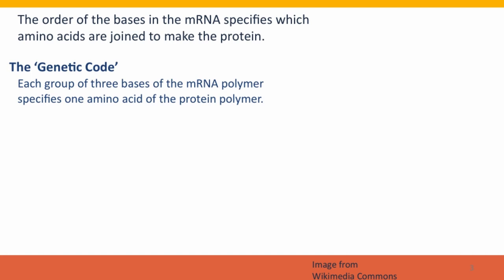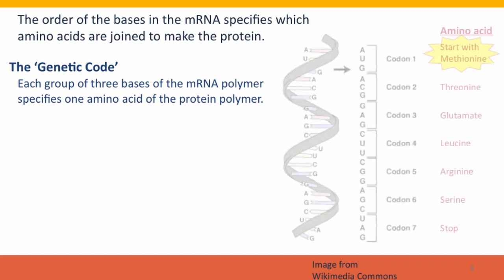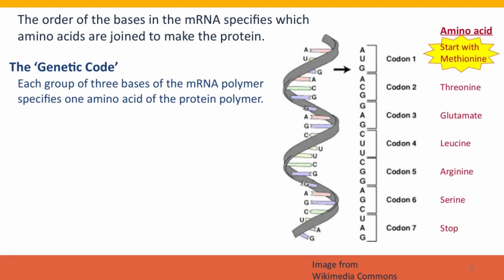The genetic code is the specification, the connection between bases and amino acids. And it's read in groups of 3 bases. So here we have part of a messenger RNA. Here we have it split into groups of 3 bases, which are the codons.